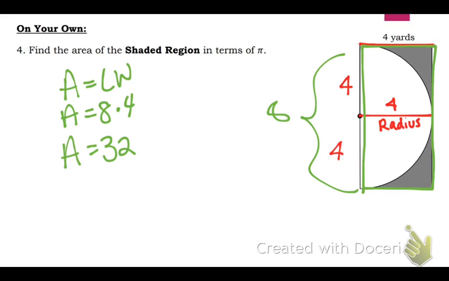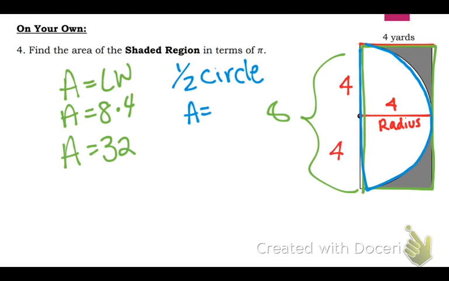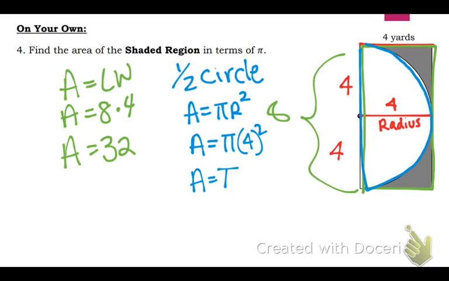You do this circle out. 32. 54. Add them up.